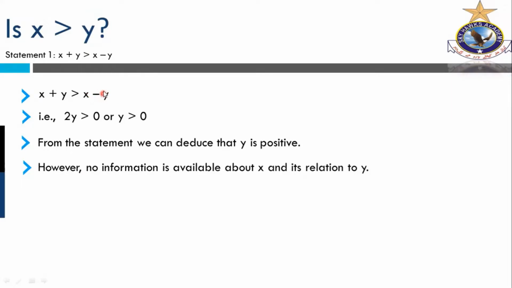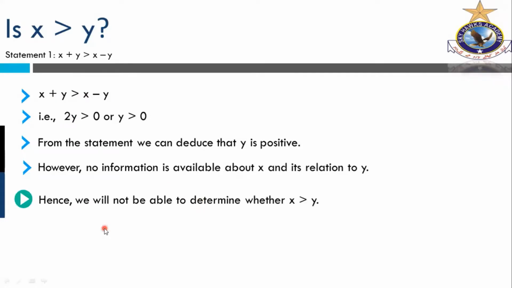If y is negative, then subtracting it gives a positive, and once again we have a sum, but the condition is that the sum must be greater than the difference. For a difference, one must be subtracted, and that must be positive. So y must be positive, but we don't have any information about x. Hence we will not be able to determine whether x is greater than y.